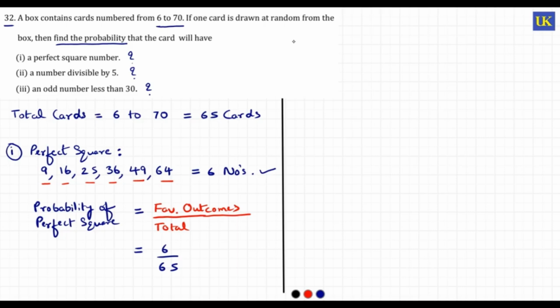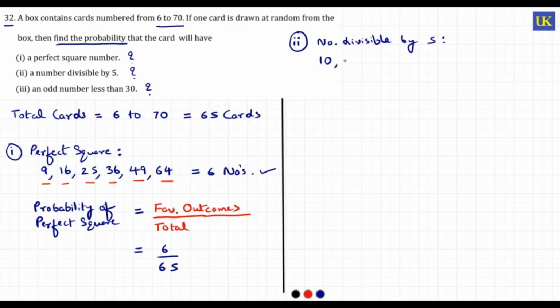Now we will see the second one. A number divisible by 5. The number should be between 6 and 70, so the numbers should come in the table of 5. 5 ones are 5, we cannot take it because 5 is before 6. 5 twos are 10, which is after 6 and before 70.